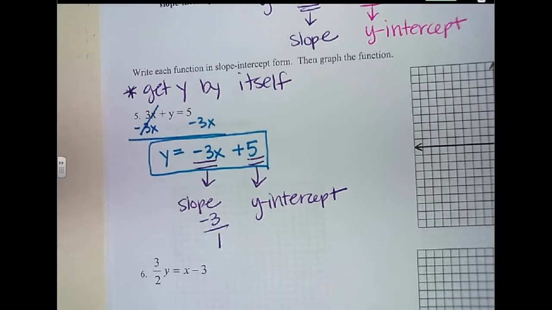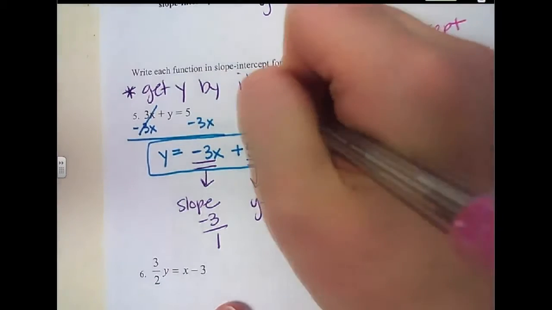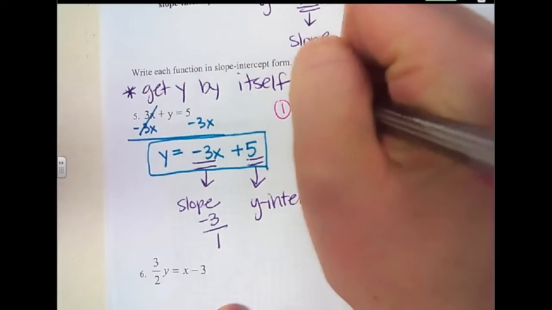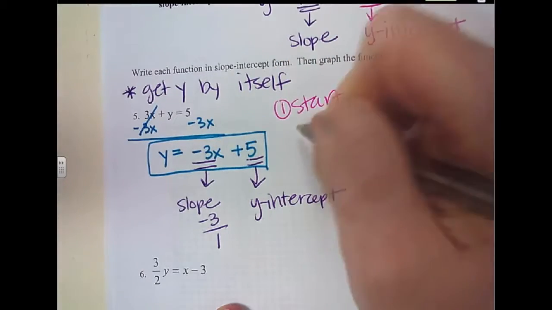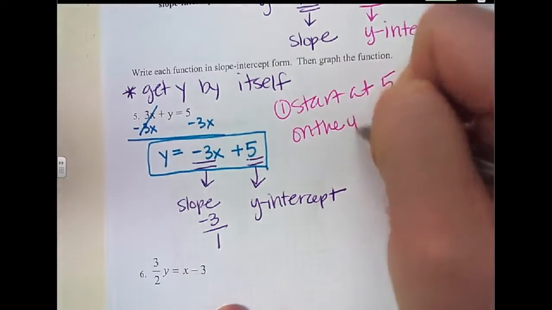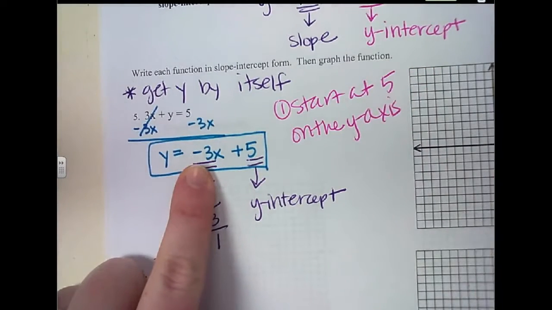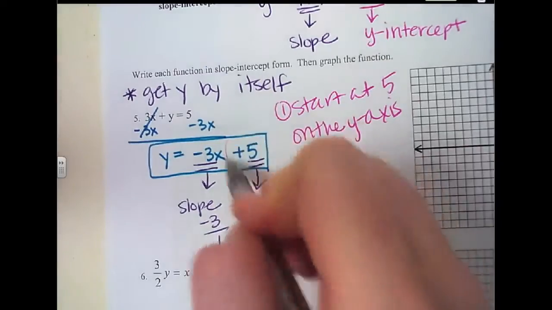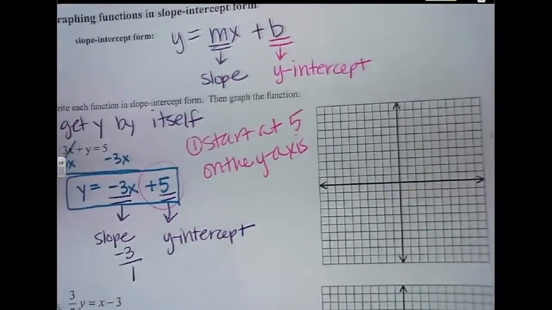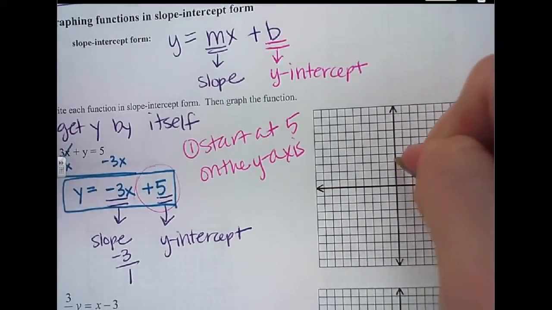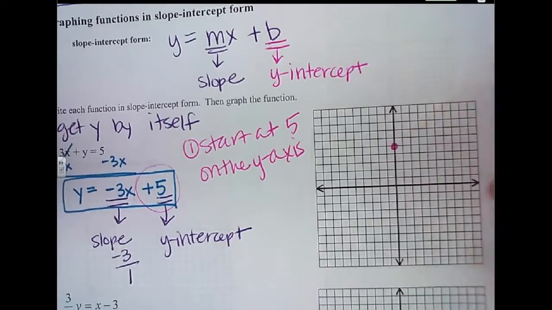Where would you start at? 5 on which axis? The y-axis. So I'm going to say start at 5 on the y-axis. Because what I see sometimes is people taking the slope and they try to start from 0, 0. You always start with this first. So at positive 5 on the y-axis, put my point.